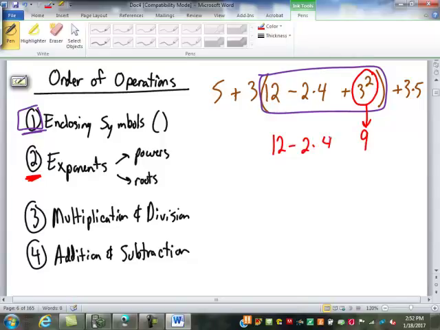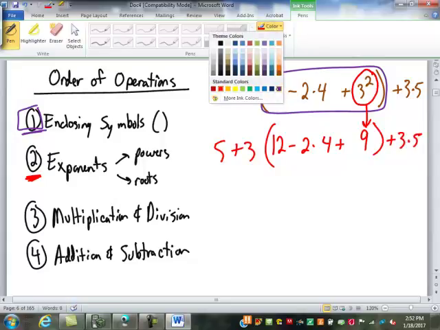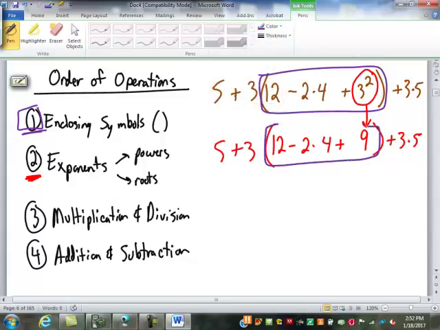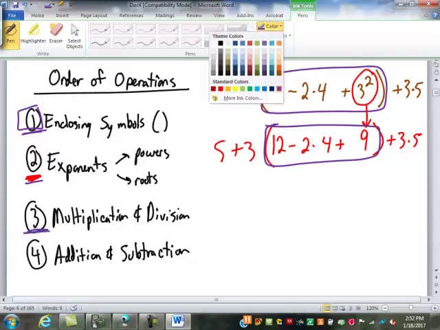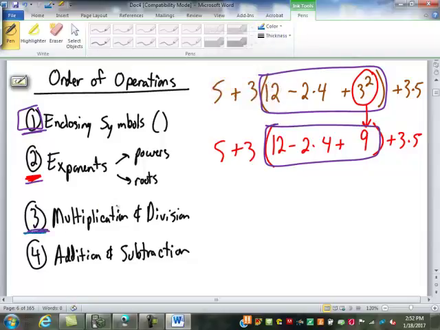A lot of people make that mistake of 3 times 2, but remember 3 to the power of 2 is 3 times 3. So now we're still working inside the parentheses here. Any other exponents, powers, or roots? Nope. So multiplication or division? So 2 times 4 is 8.